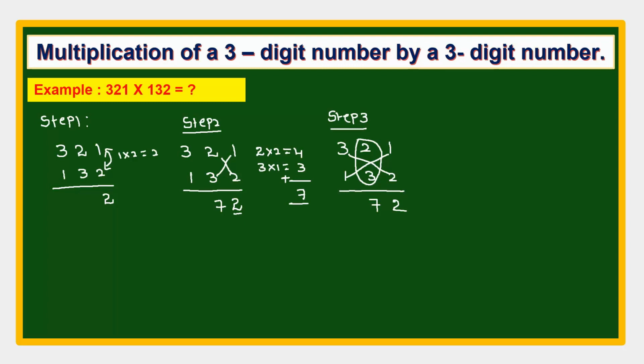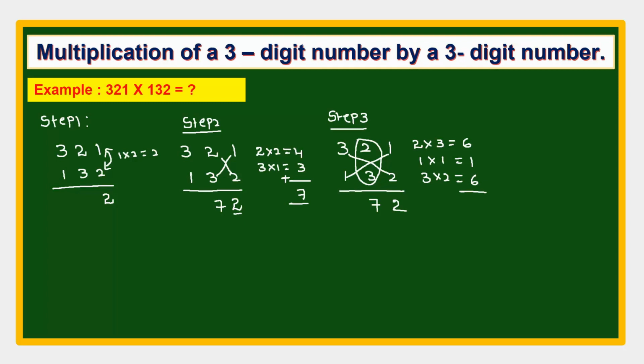It means 2 into 3, 6. Next 1 into 1, 1. Next 3 into 2, 6. Now add.